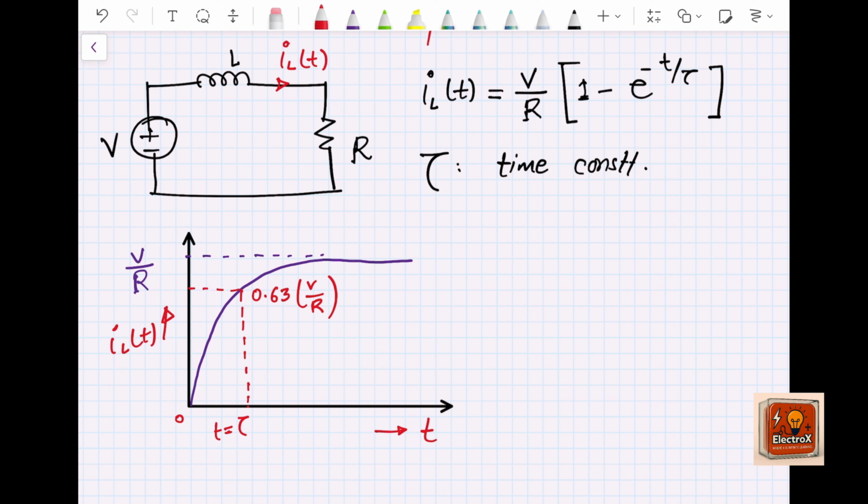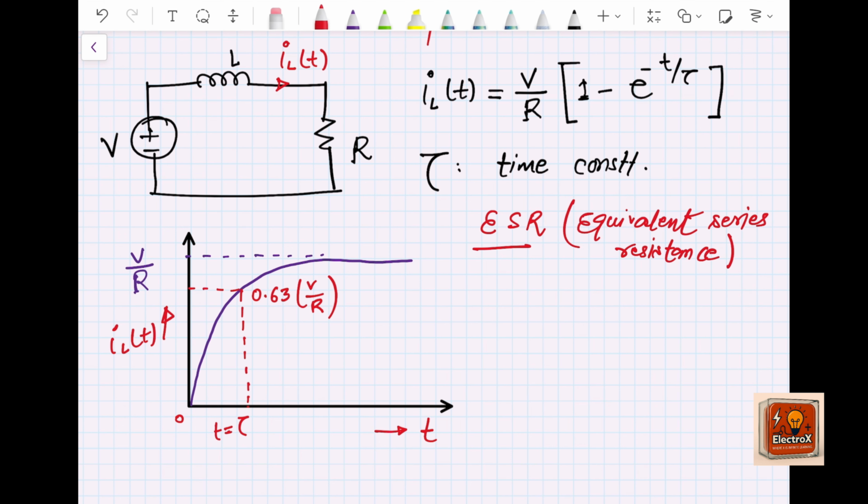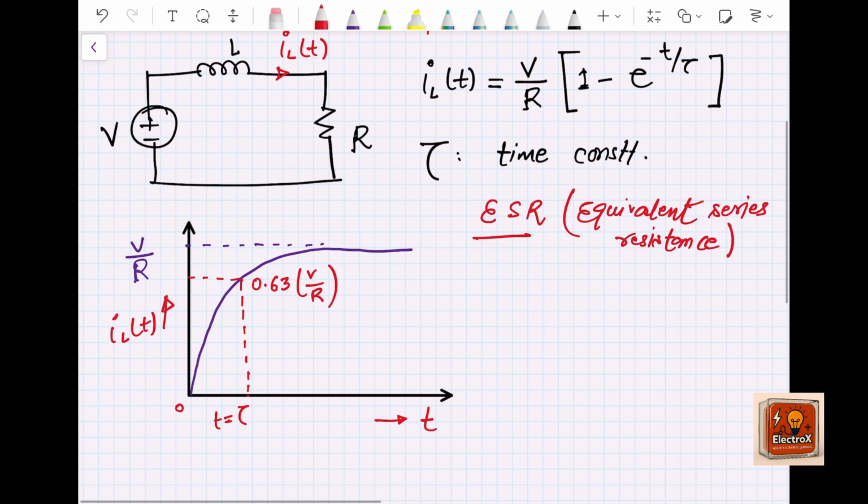But please make a note here that a practical inductor does not have a perfect inductance value. Apart from its inductance, there exists some parasitic resistance, which is termed the equivalent series resistance. So where does this come from?